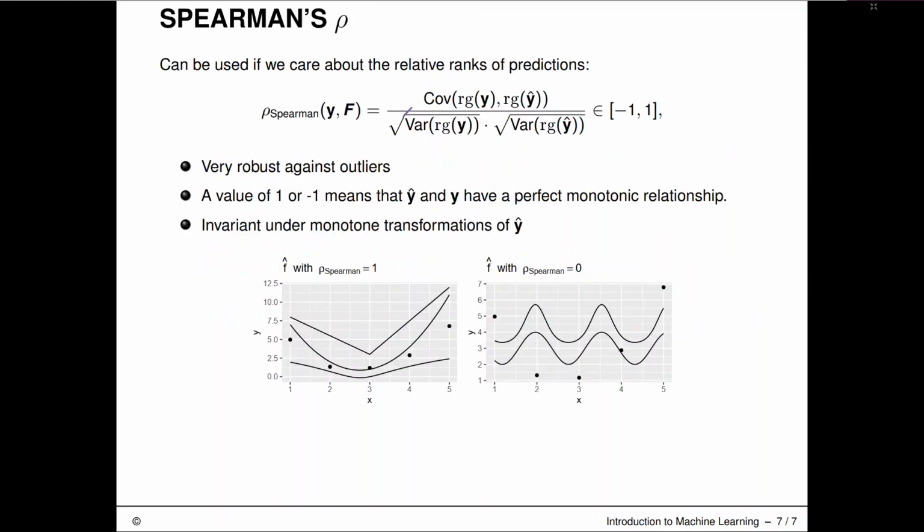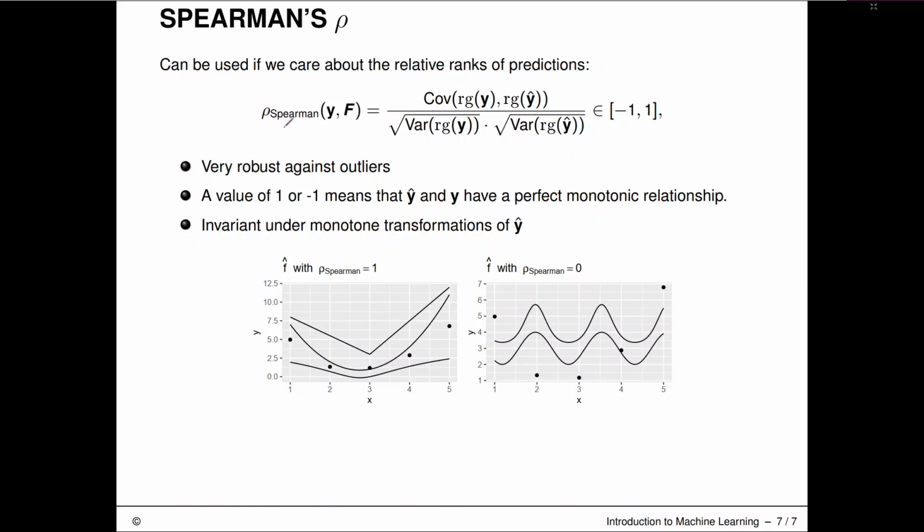Last slide. If we don't care that much about the exact prediction values of our regression model, but we care about their relative ranks and whether the ranks in our predictions coincide and correlate with the ranks of our true labels, so we would capture the trend correctly in our predictions, but not necessarily the exact values, we might use Spearman's rho here.